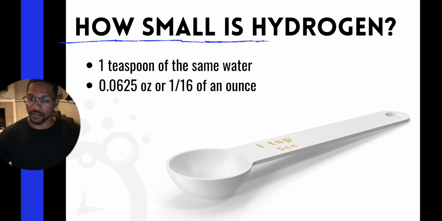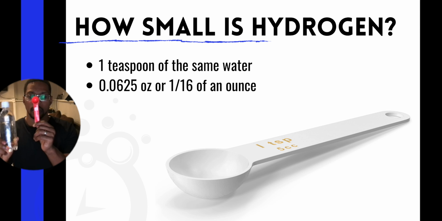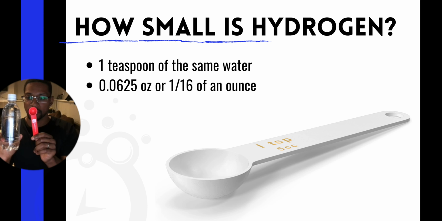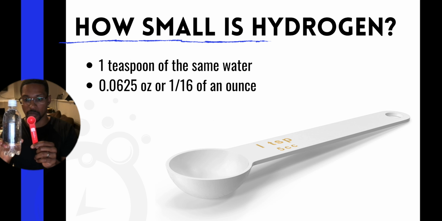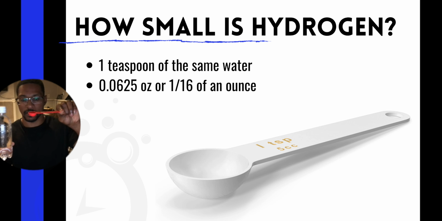So here I have in front of me a teaspoon. A teaspoon's a pretty small volume of water. In fact, it's only 0.0625 ounces or 1/16 of an ounce. So it's a pretty small volume, right? But let's say we took a teaspoon of this water with 1.5 ppm of hydrogen gas dissolved into it, and poured it into this teaspoon.